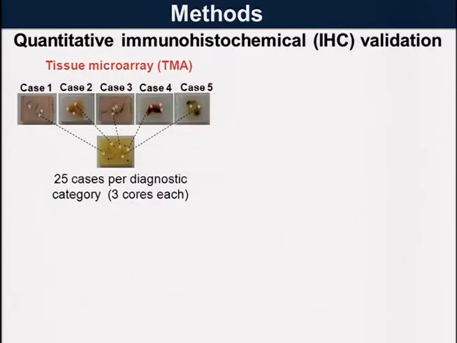So in order to validate the proteins that we had identified by proteomic analysis, we did a quantitative immunohistochemical analysis. First, we constructed tissue microarrays of 25 cases per diagnostic category, with 3 cores each. For this, we used formalin-fixed, paraffin-embedded tissues.